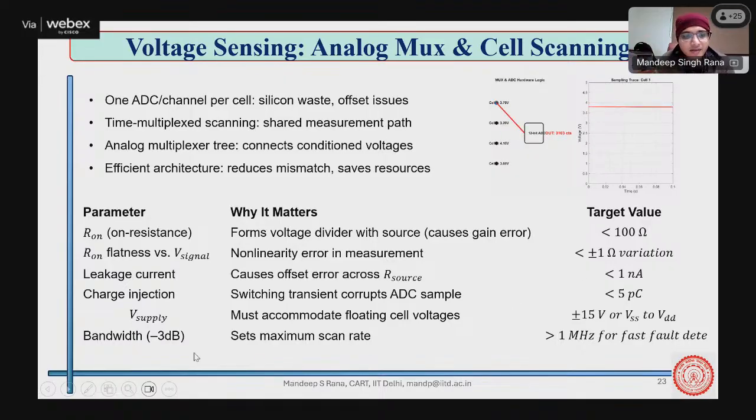What I was telling you for the filter is also applicable to the input side of the ADC, because the ADC's input is that filtered data. So various precautions go into the ADC side also. Like one of those is that it should not take a lot of current as input.